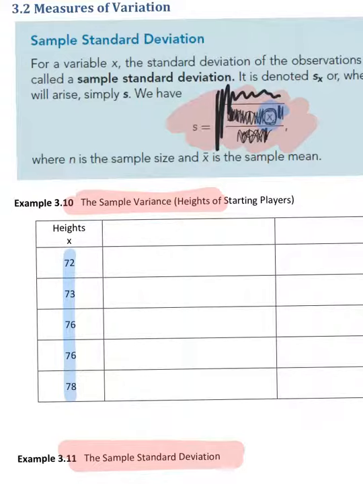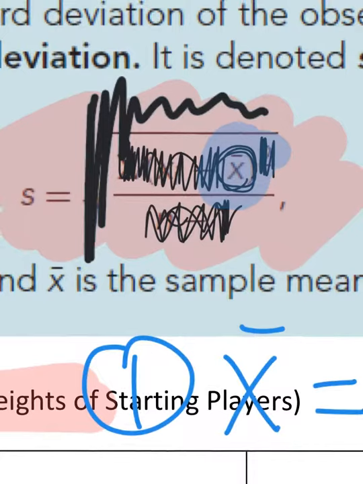Step number 1, average. Take the sum, 72, 73, 76, 76, and 78, and then divide it by 5. How much? 75 even? 75 even, thank you. It is a step number 1. Let me look at the formula. Okay, so we took the mean.